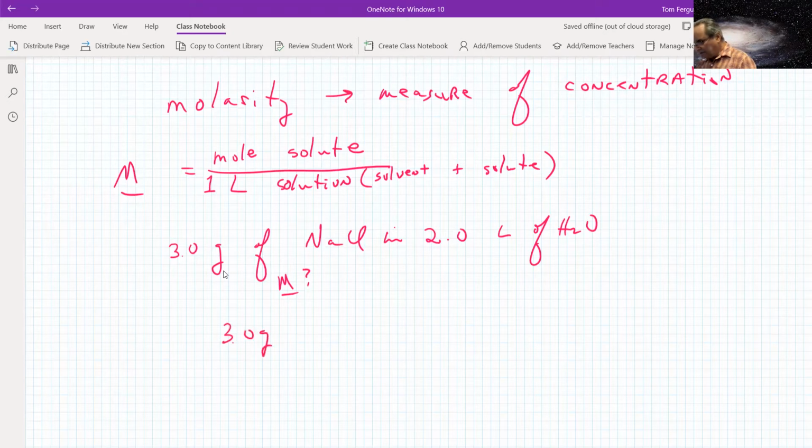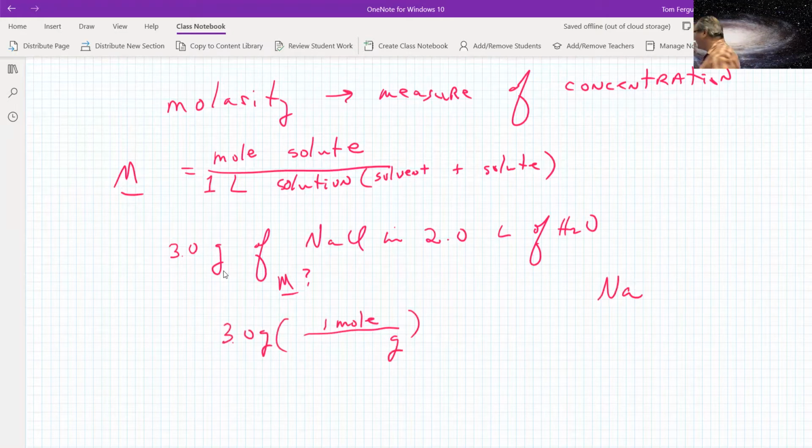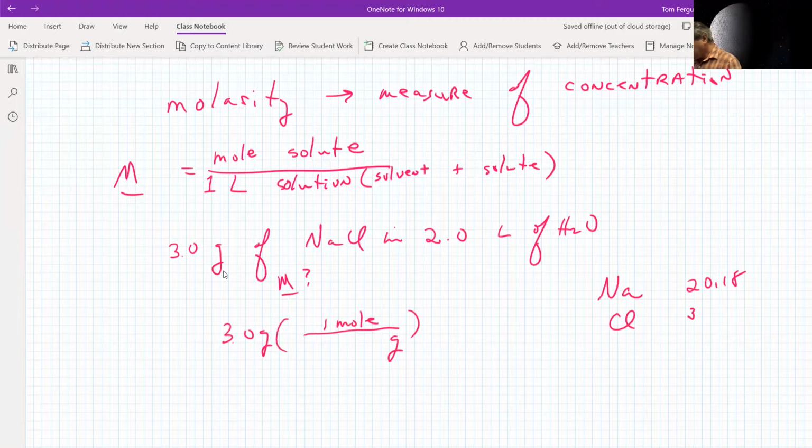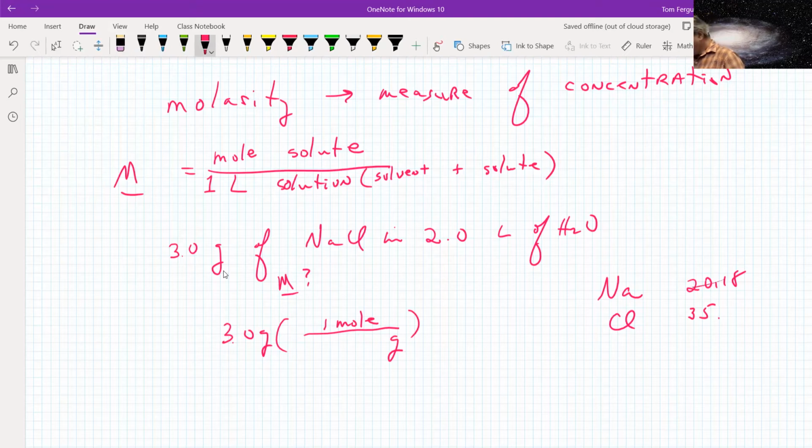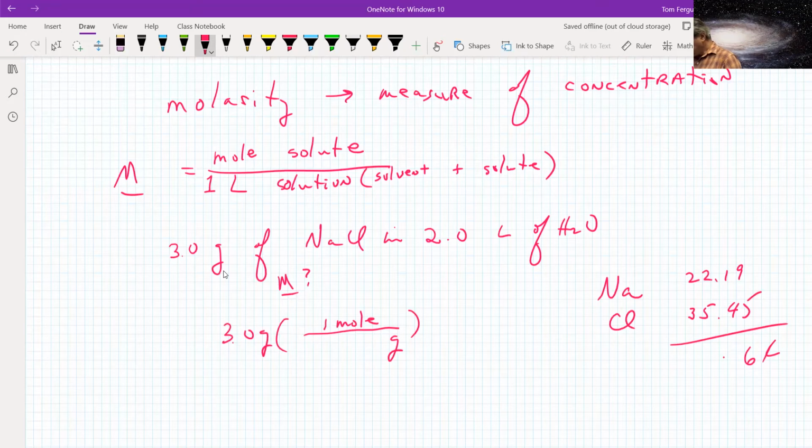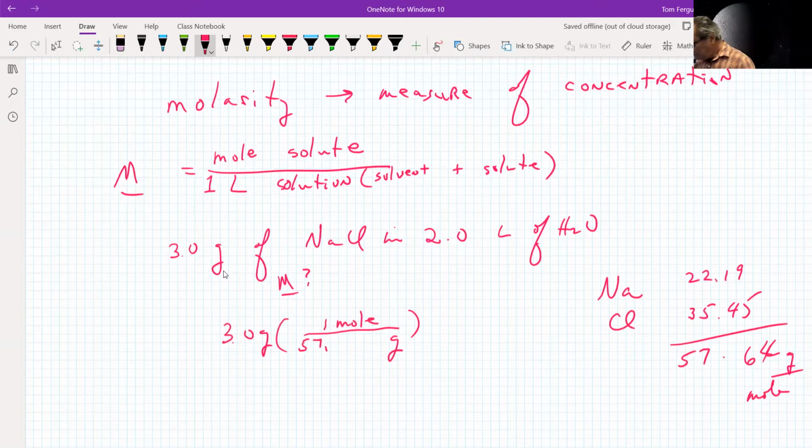Okay, so we take the 3.0 grams and sodium is 23. Okay, so yeah, that'll give us moles.